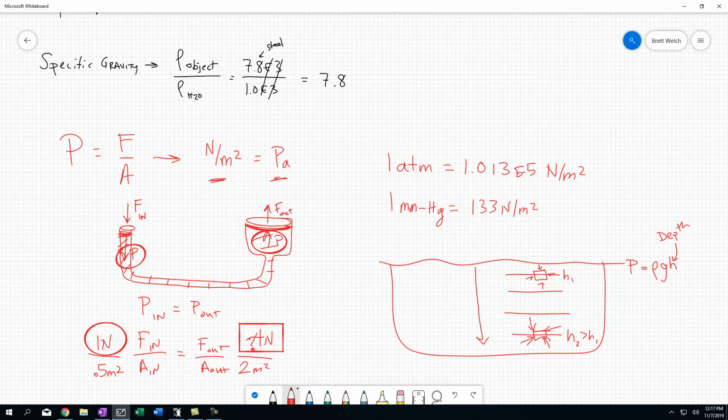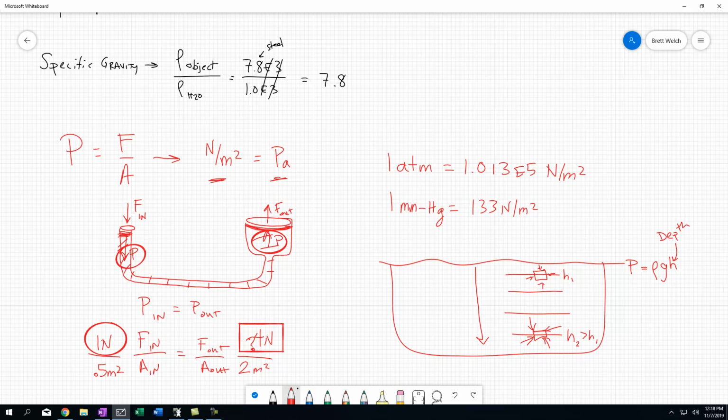So this also works for us here on Earth. When we talk about sitting underneath the atmosphere, right now at sea level, there'd be the whole atmosphere above me. As I go up, there's less atmosphere above me, and so my H would decrease, which seems kind of strange, but think of H as a depth, not a height.